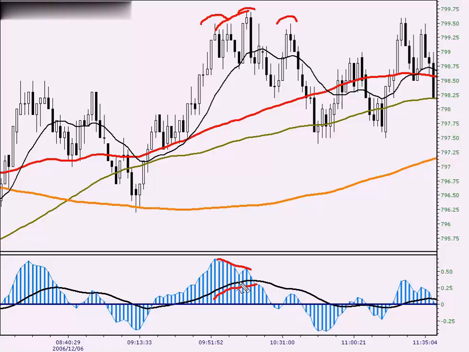When you see dad starting to flatten out and mom diverging, it's definitely telling you that yes, we have a higher high, which is the definition of a trend, higher high, higher low, but that trend is not strong anymore. It's a weak high, and this is what tells you that.